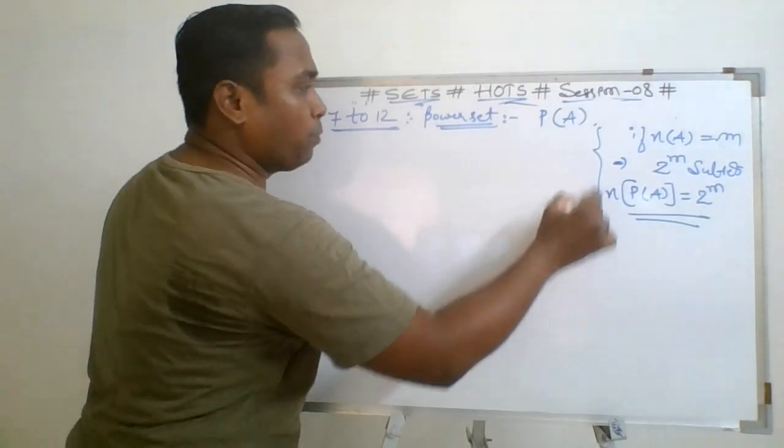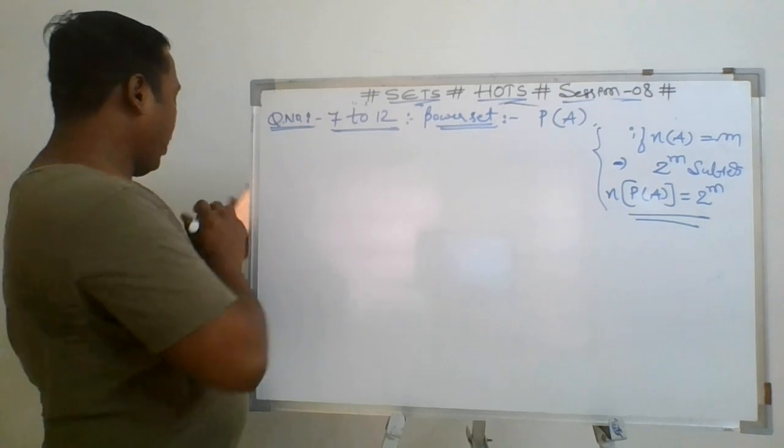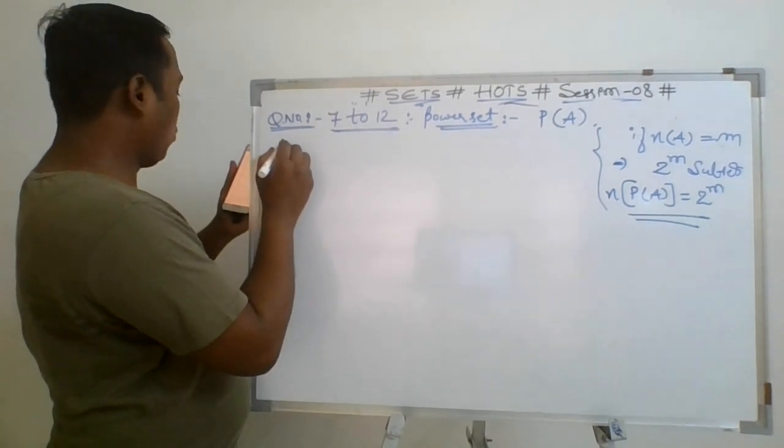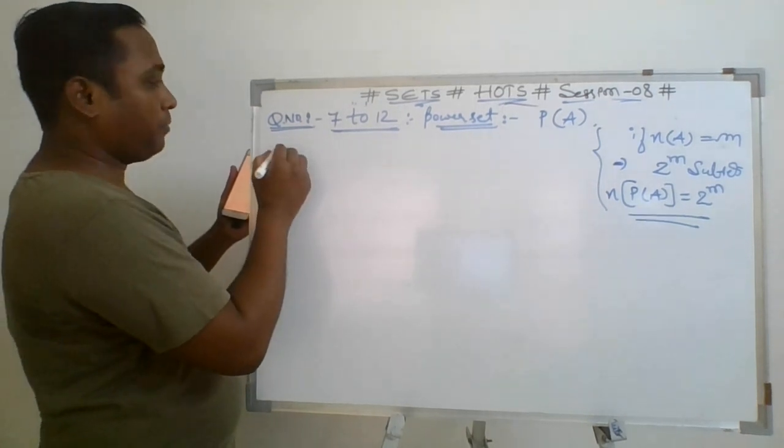So by using this preliminary knowledge of power set, the definition and all, we are going to prove certain things which are very important. So I am taking question number 7 here.